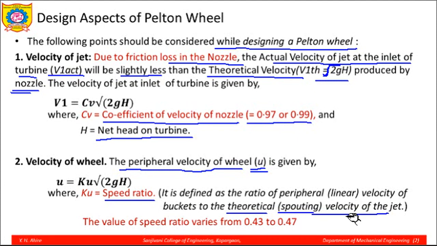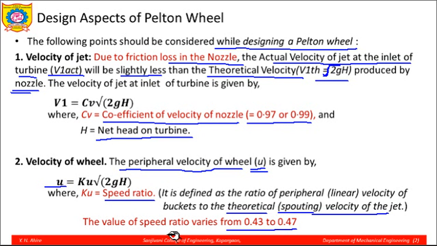Theoretical velocity of jet is also known as spouting velocity, a unique term. So the peripheral velocity u is equal to speed ratio into theoretical velocity of the jet, root 2gh. The value of speed ratio varies from 0.43 to 0.47.